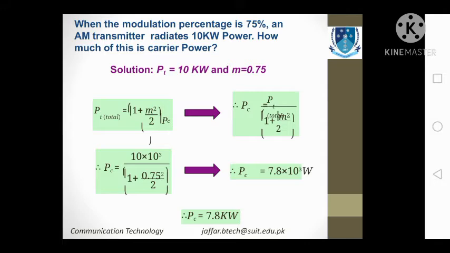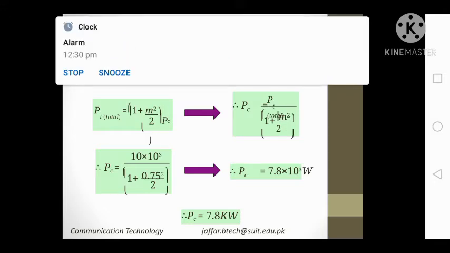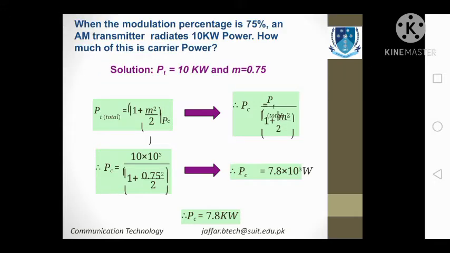You know that we have a formula: Pt equals (1 plus m square by 2) into Pc. If you put the values of Pt, that is 10 kilowatt, and m as 0.75, because you know that 75% turns out to be 0.75, and you solve this example, you get the value of Pc, the carrier power, that is 7.8 into 10 power 3, or you can say 7.8 kilowatt.